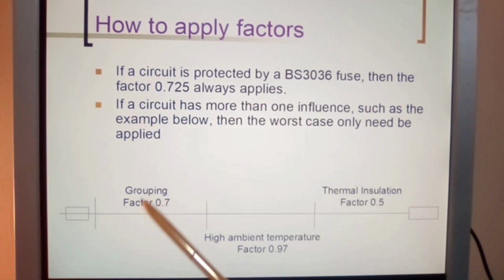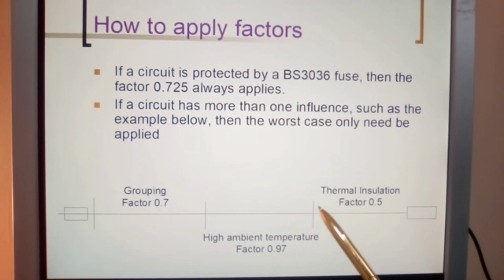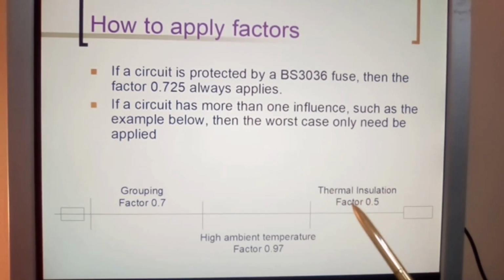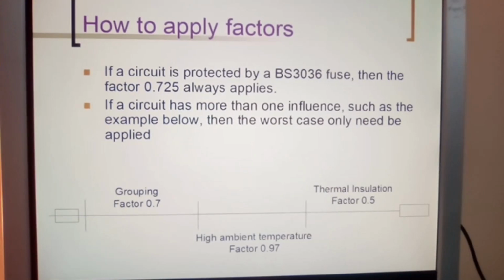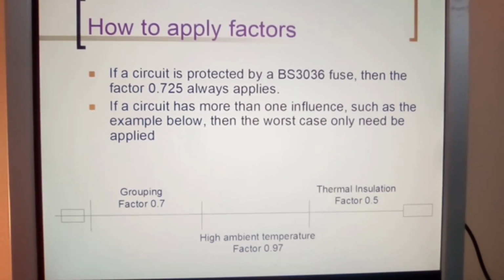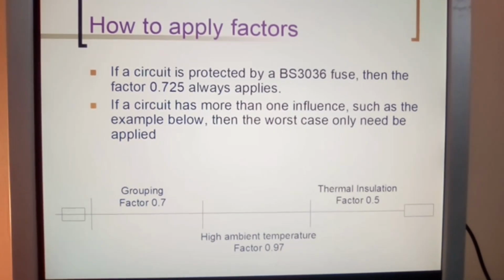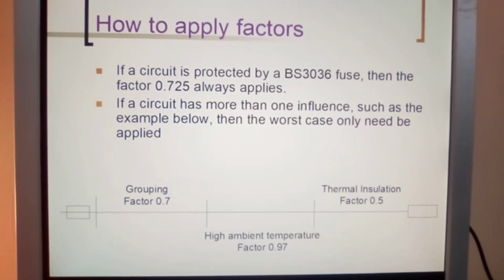Here we're looking at a grouping factor of 0.7, a high ambient temperature factor of 0.97, and a thermal insulation factor of 0.5. All that will need to be taken into account when you are considering the relevant current and its effect upon the cable.